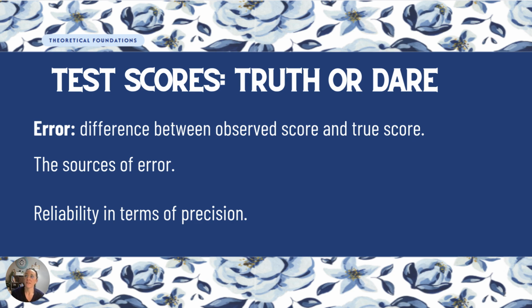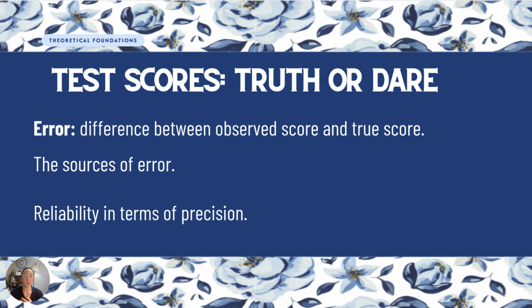So where does this error come from? Sometimes it's the person. Maybe the person taking the assessment is anxious or tired or distracted or they didn't study. Sometimes the error comes from administration. Maybe the room is loud or warm and it makes them sleepy, or maybe the instructions are confusing, or the testing procedures differ.